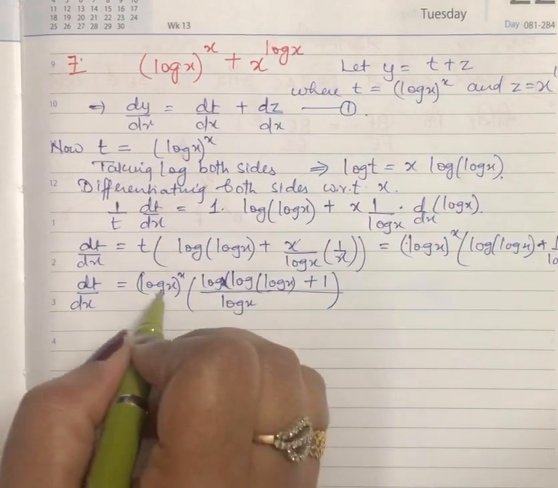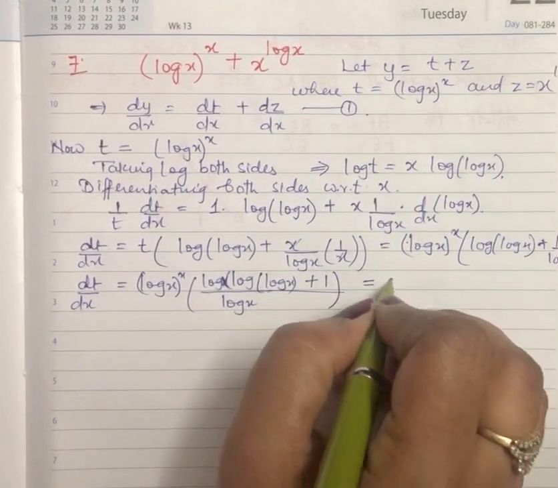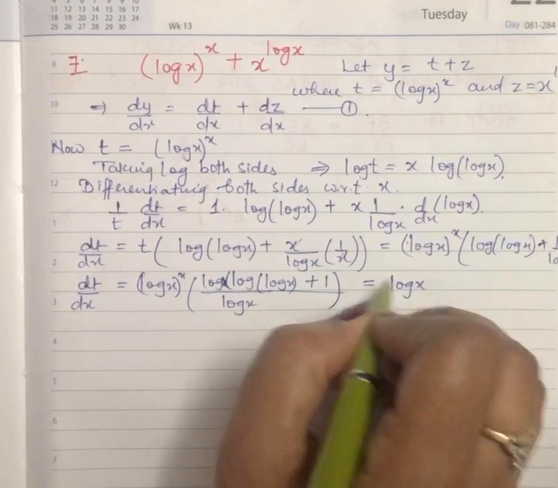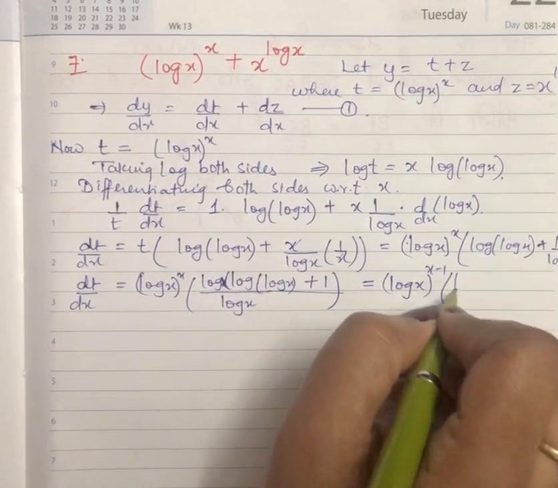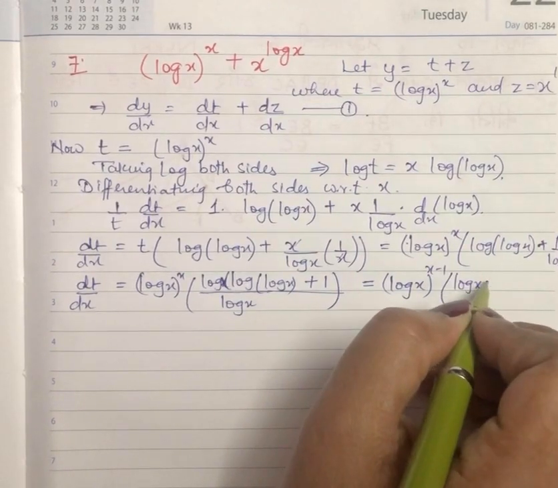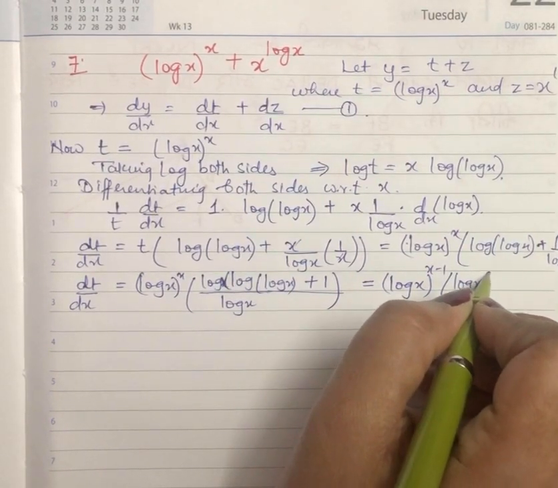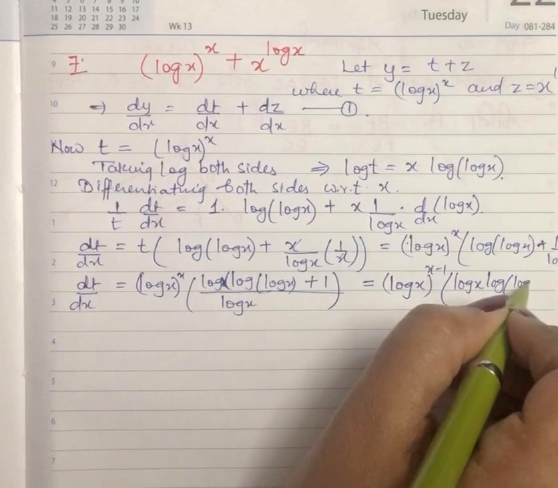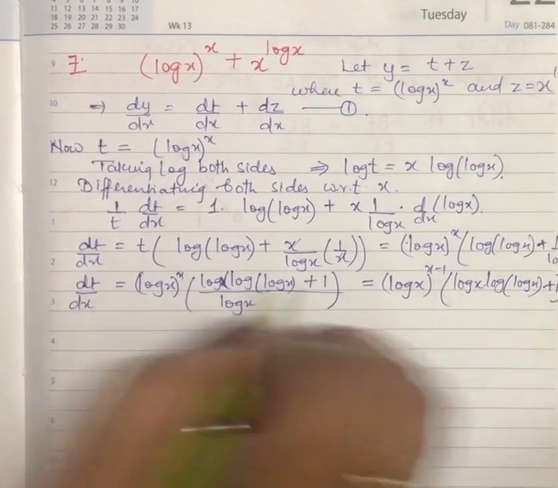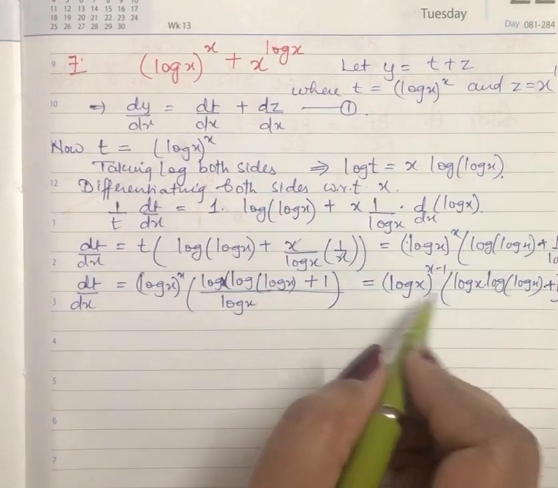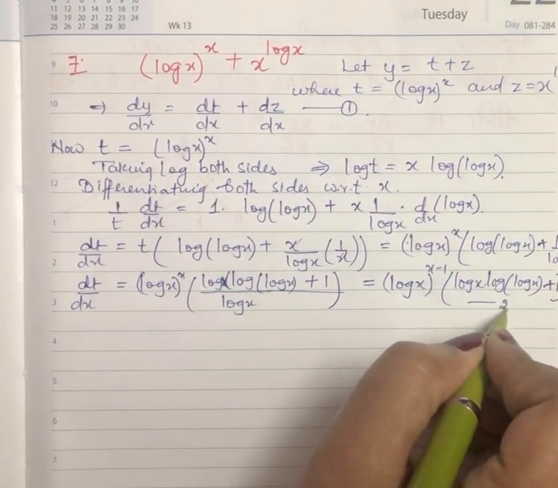So 1 power of log x will cancel out and we get log x to the power x minus 1, and within bracket log x into log of log x plus 1. So this is our dt by dx. We mark it as second equation.